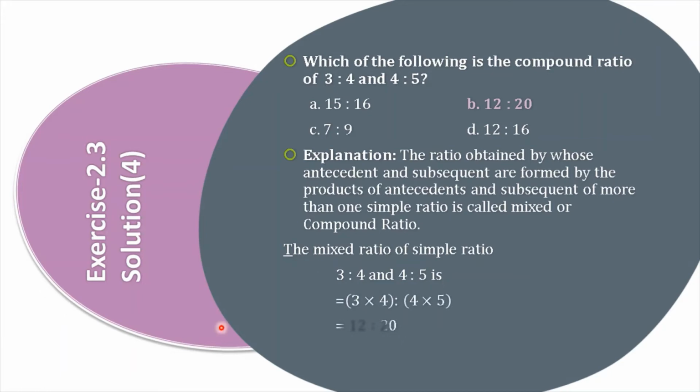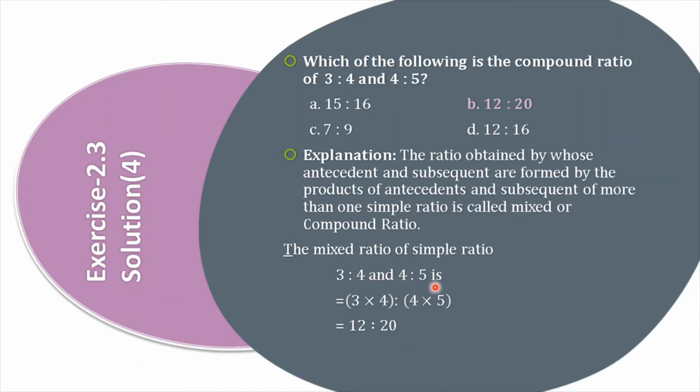3 multiplied by 4, because antecedent multiplies with antecedent and subsequent multiplies by subsequent, that means 4 multiplied by 5. 3 multiplied by 4 would be 12, is to 4 multiplied by 5, that would be 20. So if we want to find mixed or compound ratio, we have to multiply antecedent with the antecedent, subsequent with the subsequent.